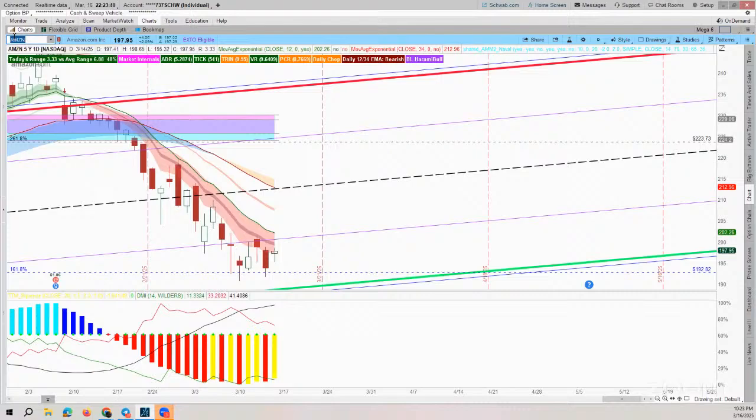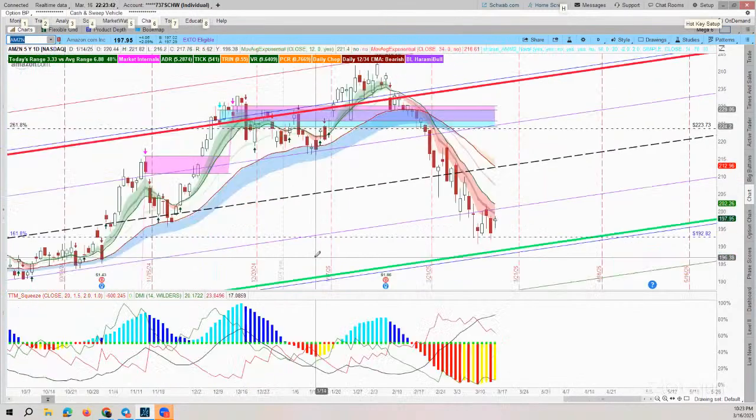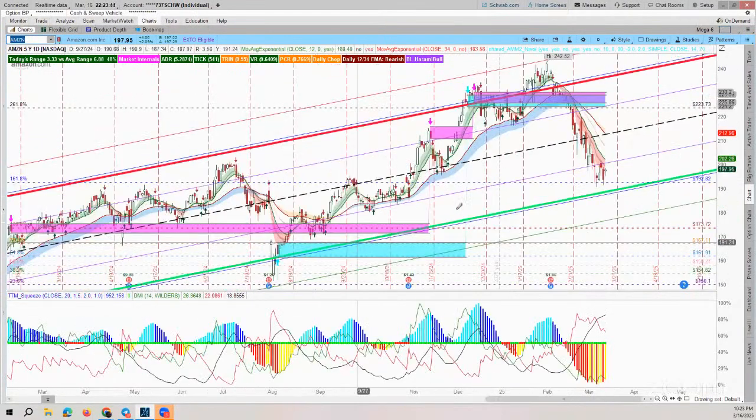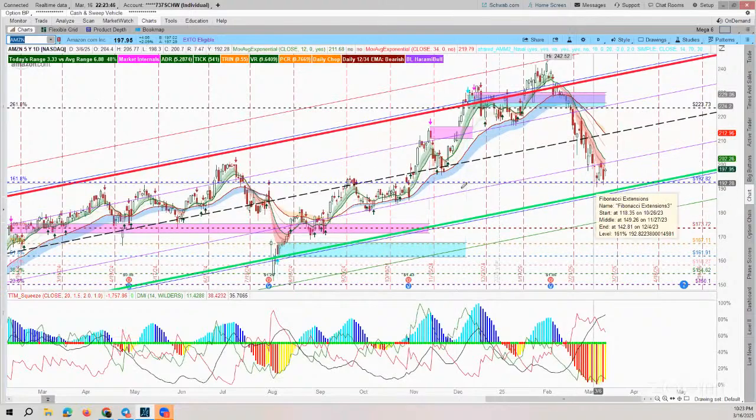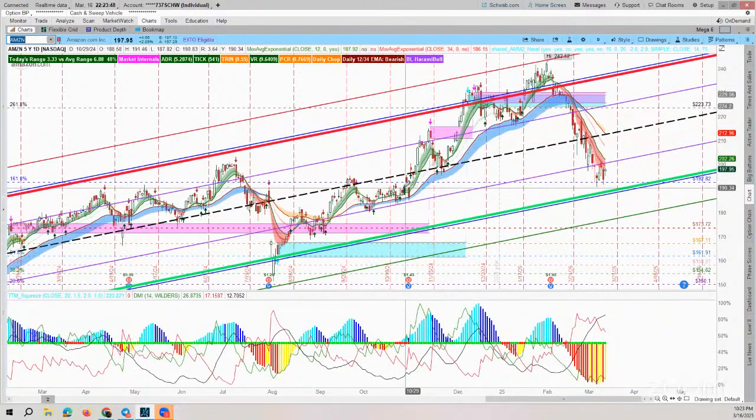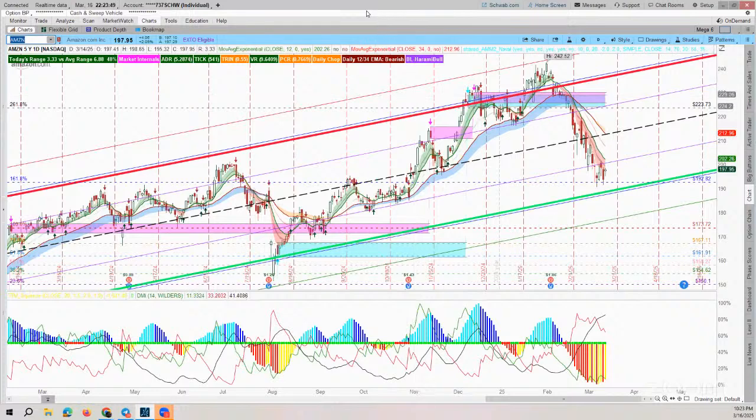So let's see. Amazon 192 is an important area. This was the area where it broke out. Now, if you use Elliott waves, you can see 0 to 1, 1 to 2, 3 to 4, 4 to 5, and then it went down. It should come up, get down, and then this is 5, then A, B, and C. 173 is my target.